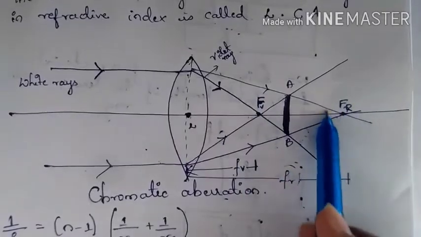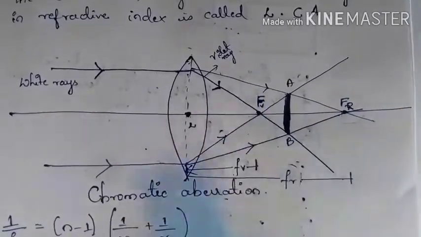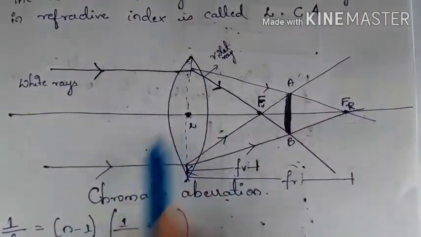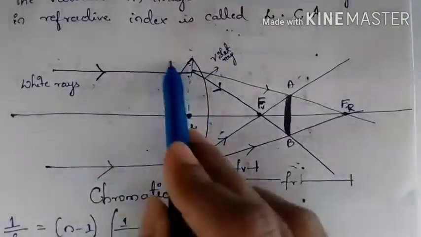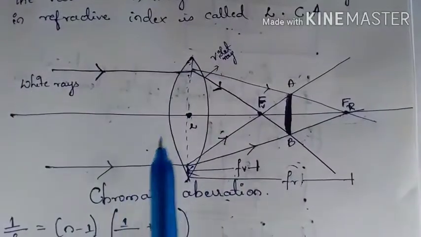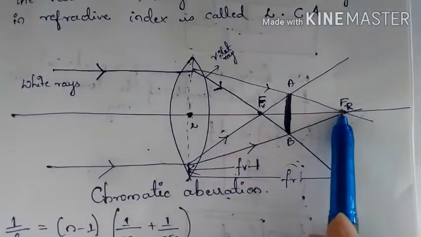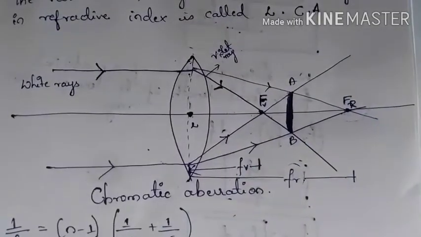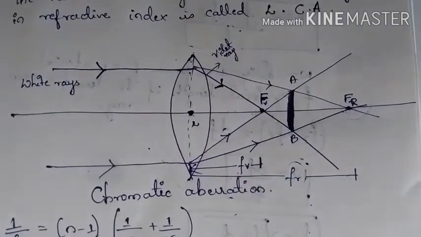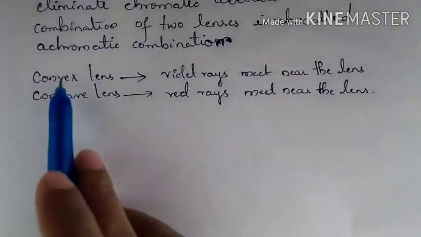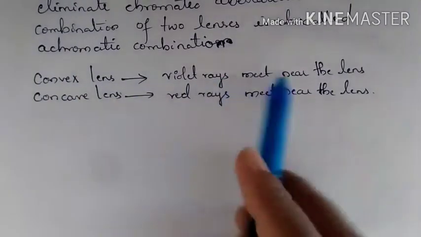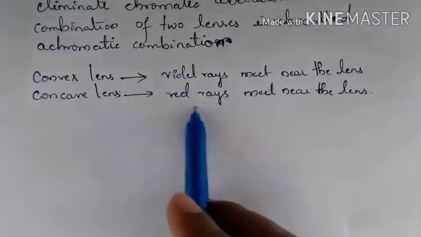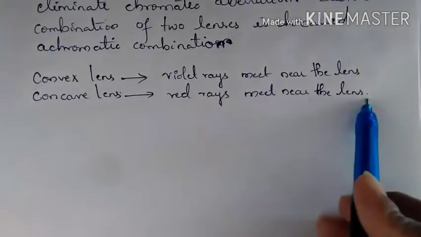Now instead of this convex lens, if you use a concave lens, FR will be near to the lens and FV will be far from the lens. So for a convex lens, violet rays meet near the lens, and for a concave lens, red rays meet near the lens.